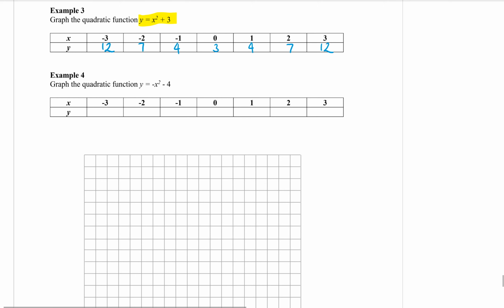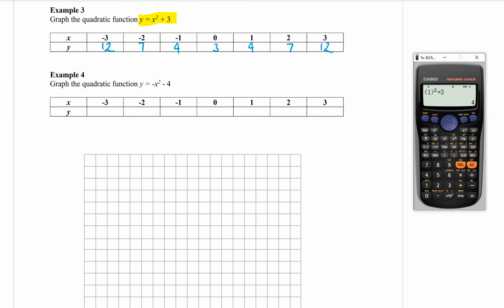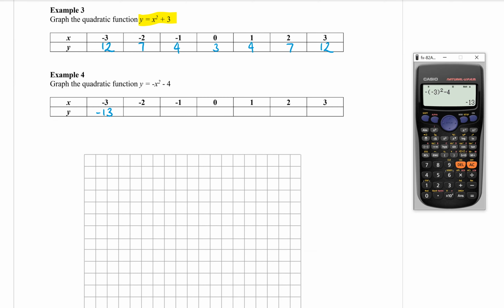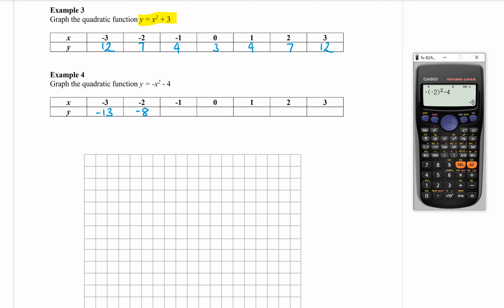Let's also try, while we're filling in, the second one as well. So this one has a minus sign at the front. Then we need brackets for our -3, close bracket, squared, -4. So we start with -13. Then change that -3. We want to put -2 in there now. So that becomes -8. Now we want to put -1 in there.